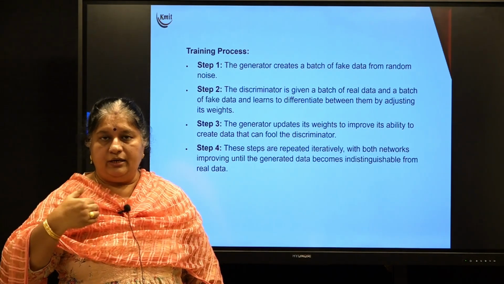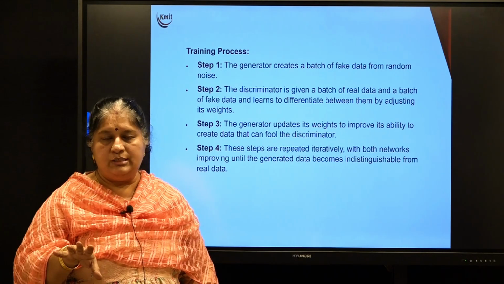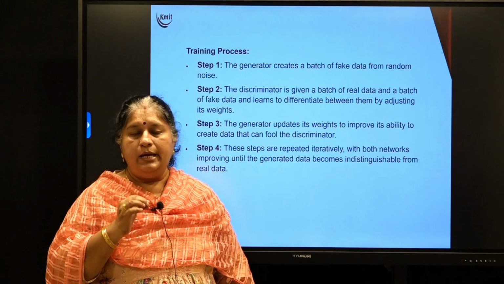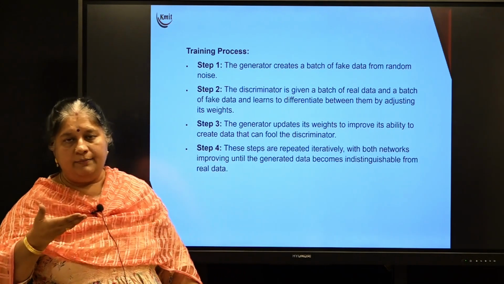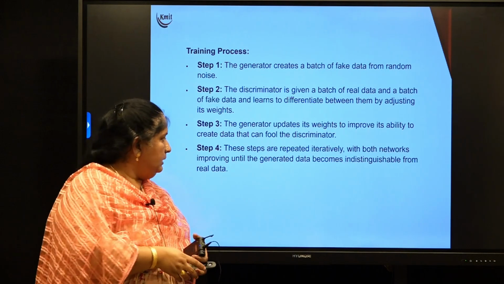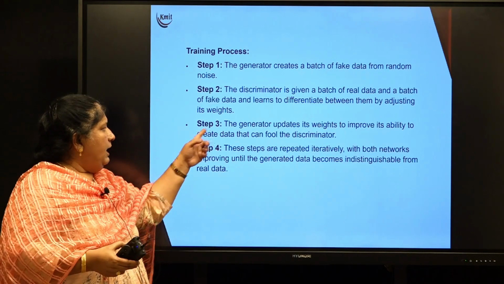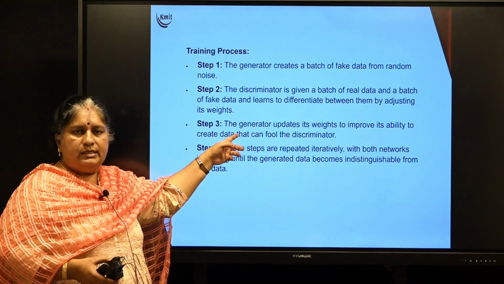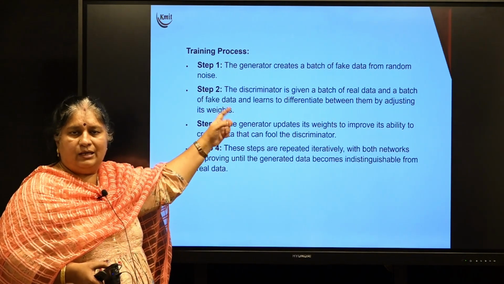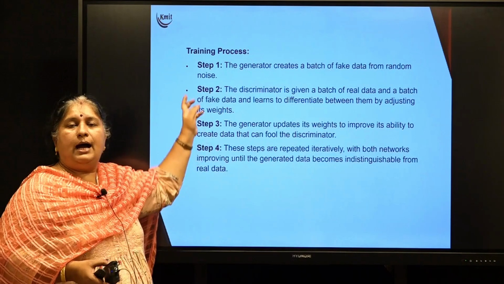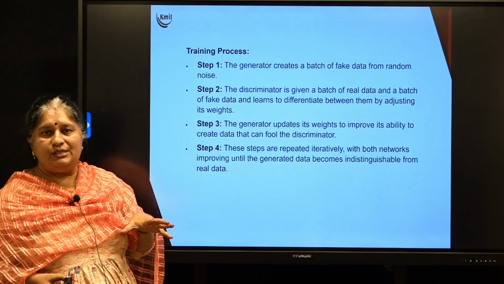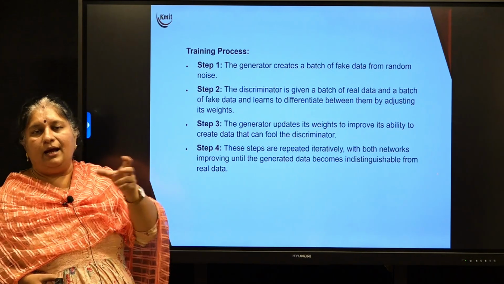The generator will adjust its weights and again try to generate data with which it can fool the discriminator, right? Again, after it generates the data, the discriminator will try to identify whether it is real or fake. These steps are iteratively repeated until the discriminator fails to distinguish between the real data and the fake data.